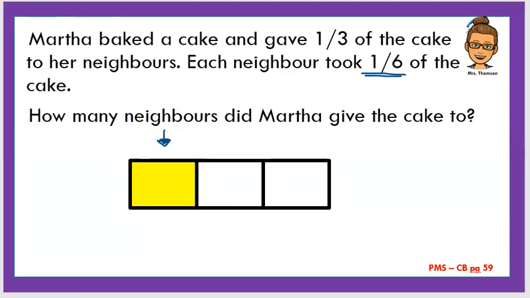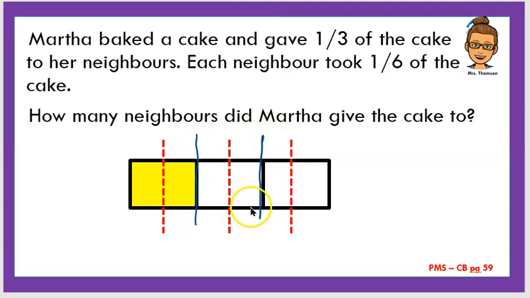So let us look how we'll do that. What I would have to do is share the cake into 6 parts. I share it here, I share it here. Sorry, I didn't put in the red line. So it's 1, 2, 3, 4, 5, 6 parts.